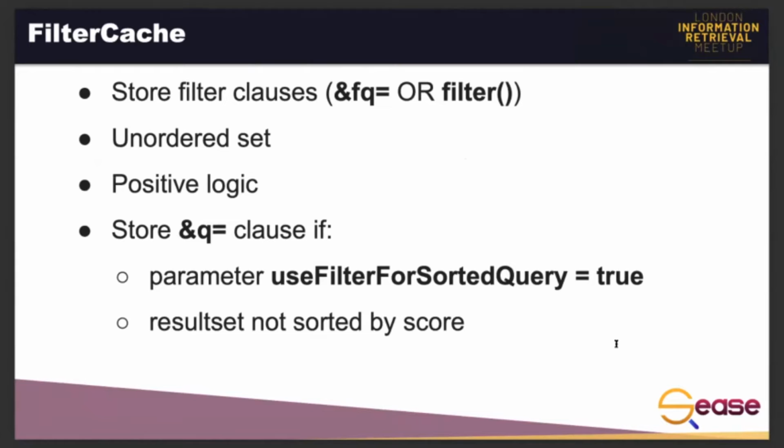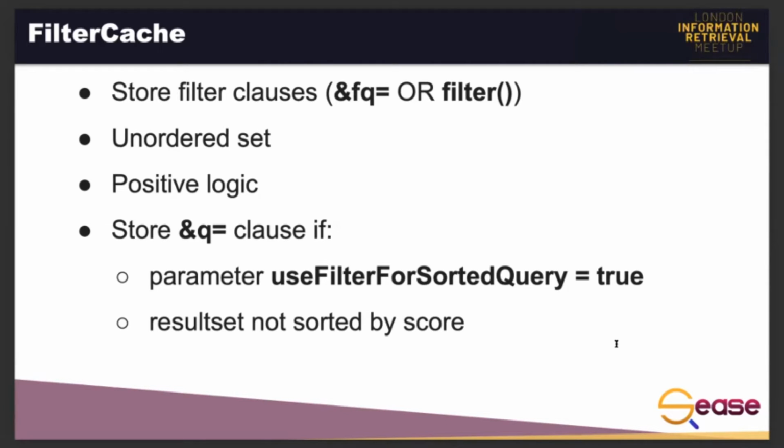Let's see what we do with the filter cache. The filter cache is more low level. It doesn't compare to the previous one. It still stores a list of documents, but this is the result of a subquery.